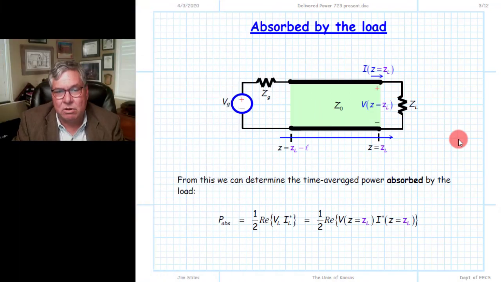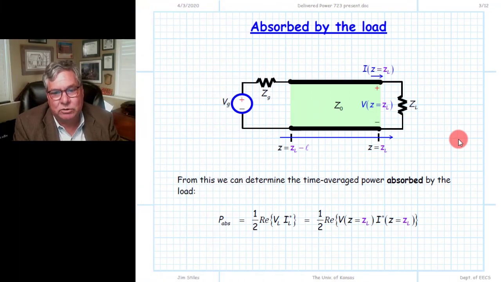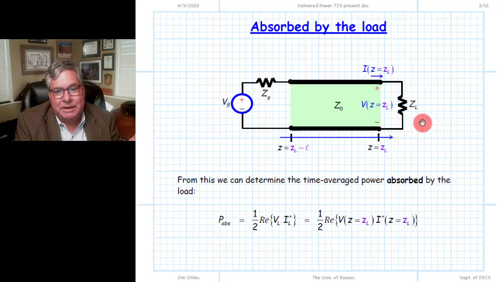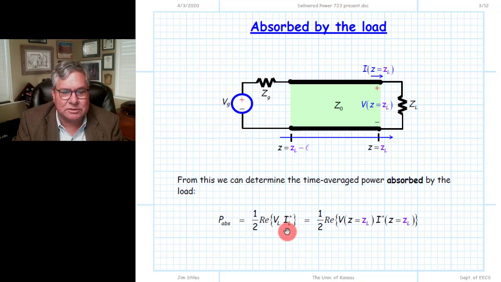Of course, once we know the load voltage and load current, we can determine the rate at which energy is being absorbed by this load. And of course, we use this expression. Simply take the complex voltage VL. It's complex because we're assuming time harmonic voltages, sinusoidal oscillations with respect to some frequency omega, and then we multiply that complex voltage by the complex conjugate of the load current.